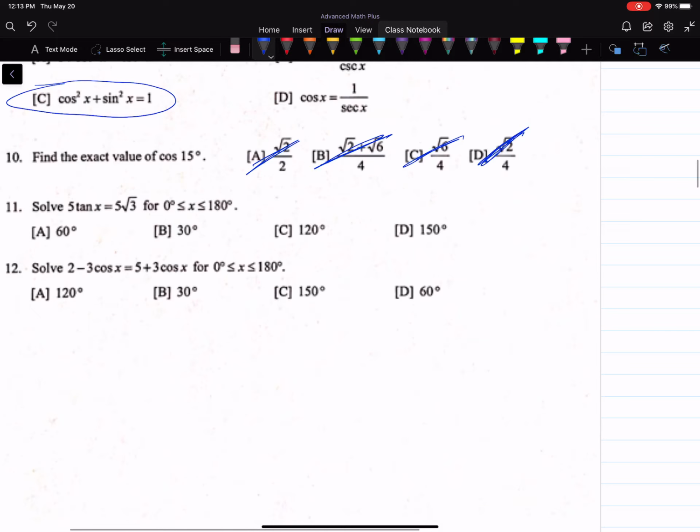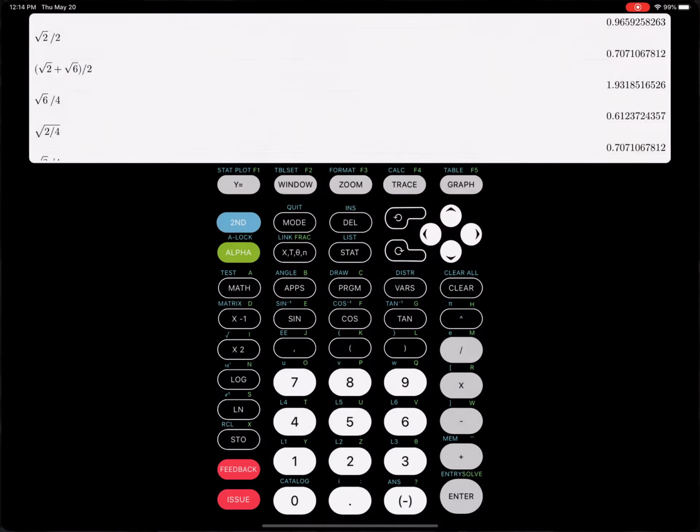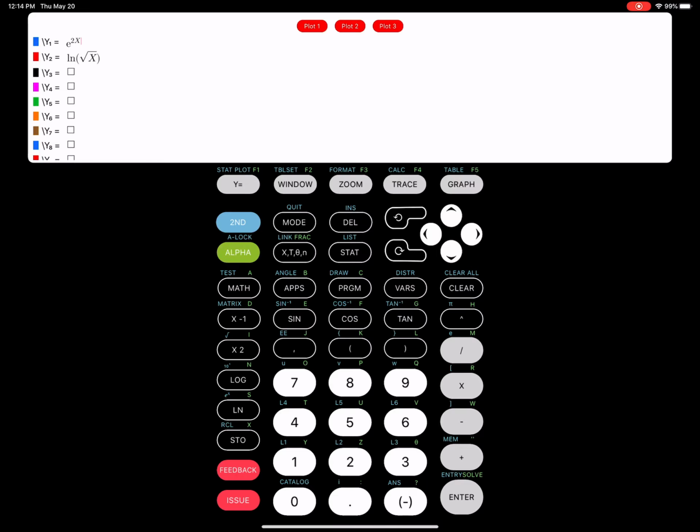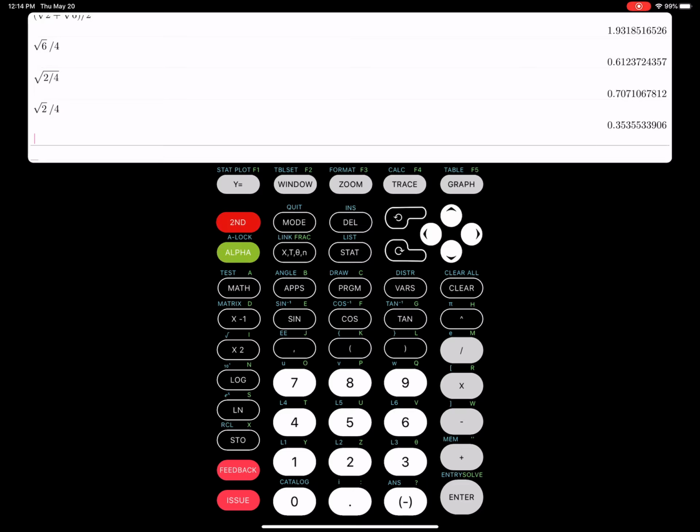Very, very important that you plug in the right numbers here, because I think that's my answer. So, square root of 2 plus the square root of 6, divided by 4. No, I'm doing it wrong again, aren't I?